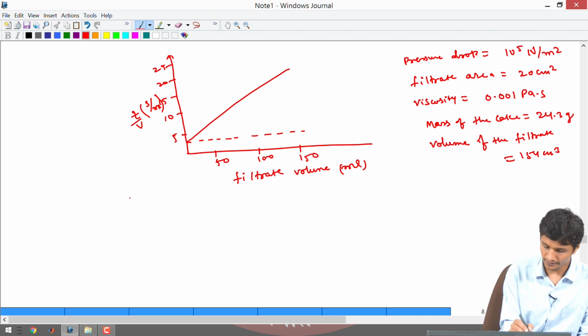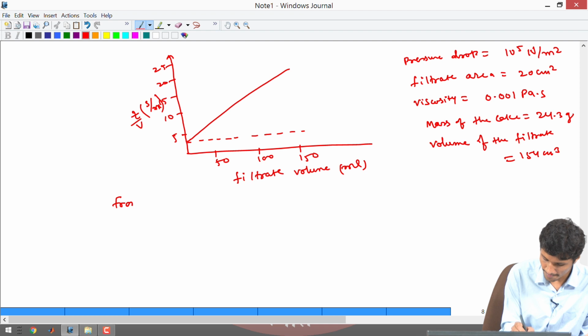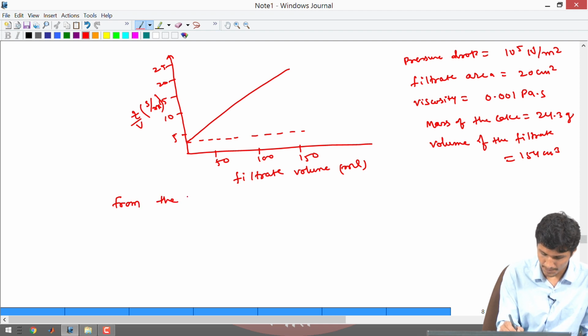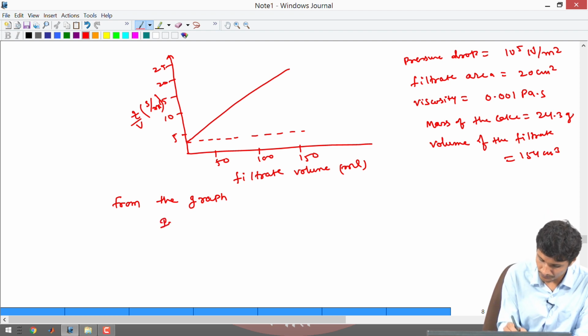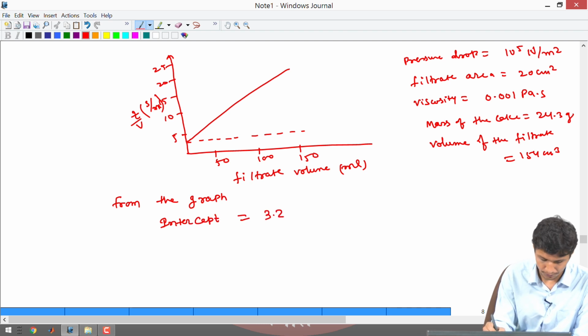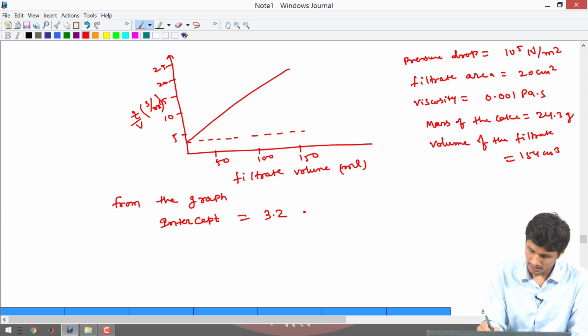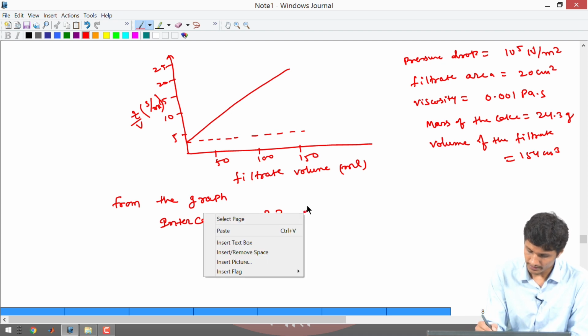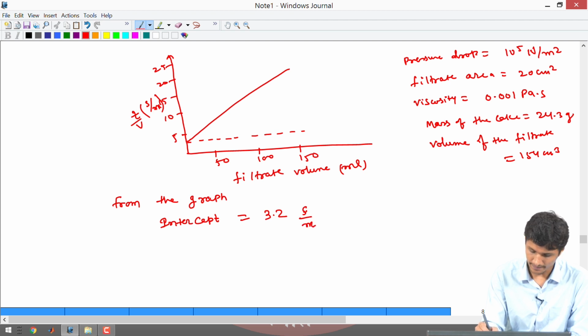From the graph, the intercept is about 3.2 second per ml.